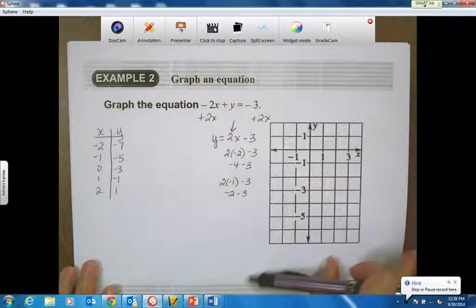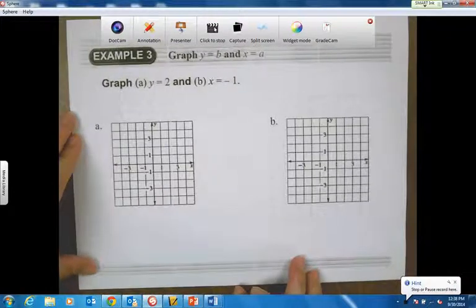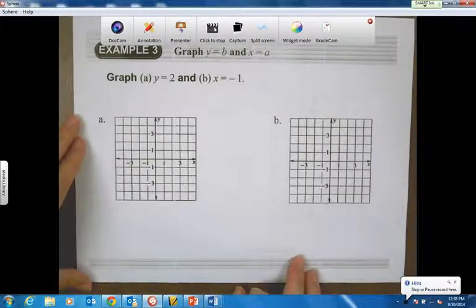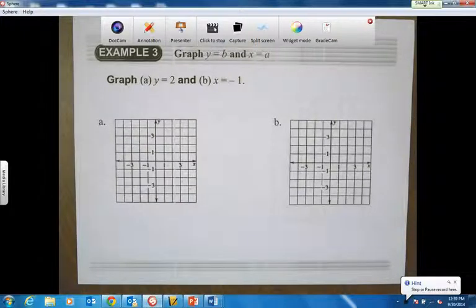So now let's look at special types of lines, because this will happen too. All right. So when I look at this first one, this says y equals 2, and we're also going to look at x equals -1.